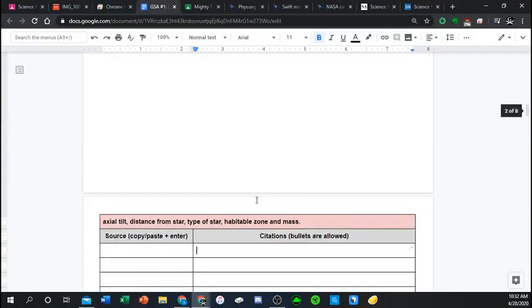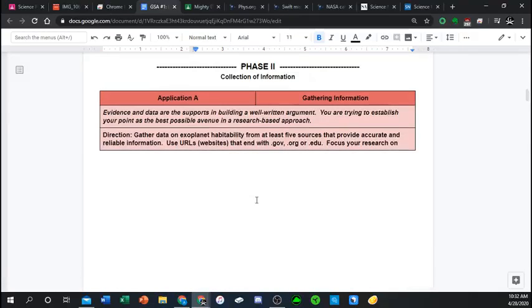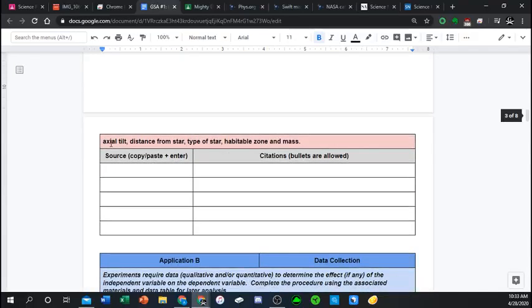What are you looking up? Because I kind of helped you on Tour the Solar System. This is a little more open-ended. Focus your research on axial tilt, distance from the star, type of star, habitable zone, and mass.